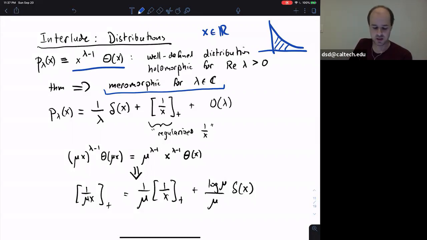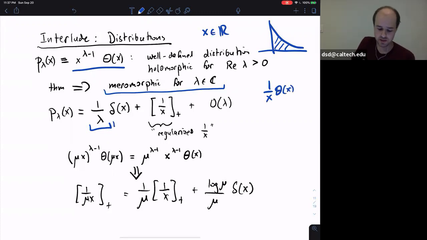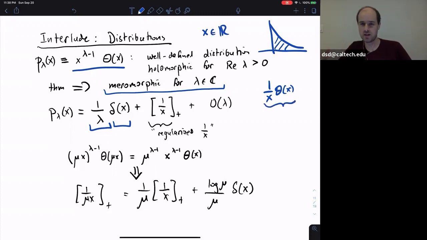In this case, if we try to analytically continue this distribution to lambda equals 0, the first thing we encounter is a pole at lambda equals 0. That pole has to do with the fact that 1 over x times theta of x is not integrable. The pole is proportional to a delta function of x. That makes sense because the non-integrableness of this distribution comes from an infinitesimally small neighborhood of x equals 0.